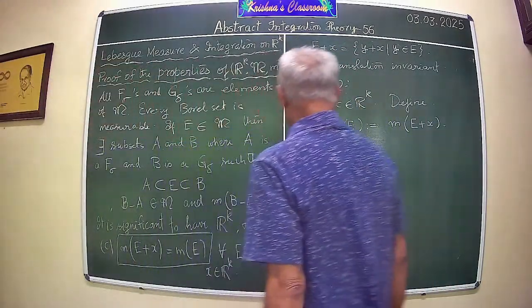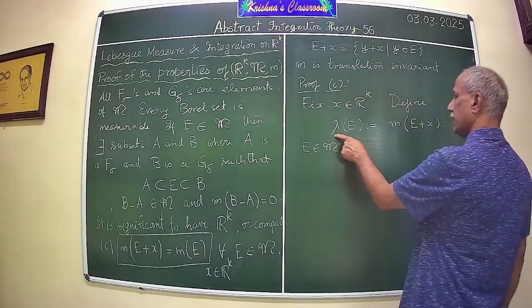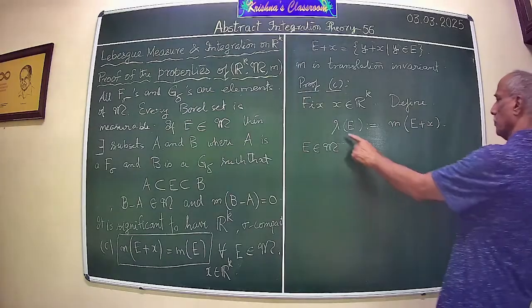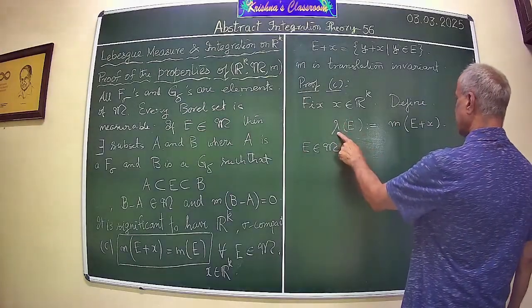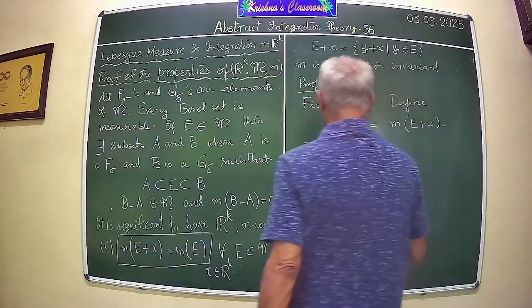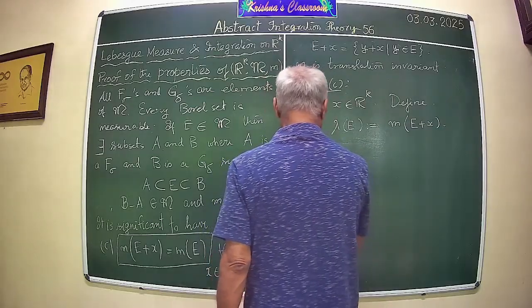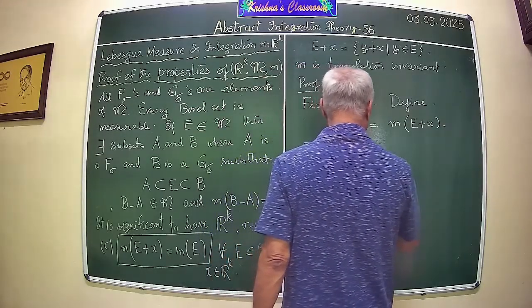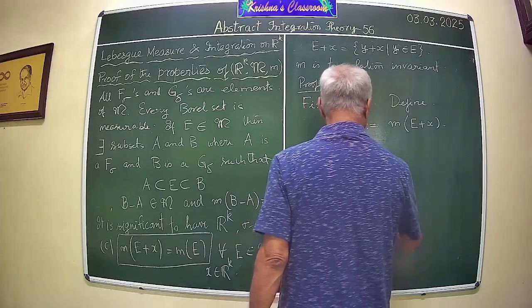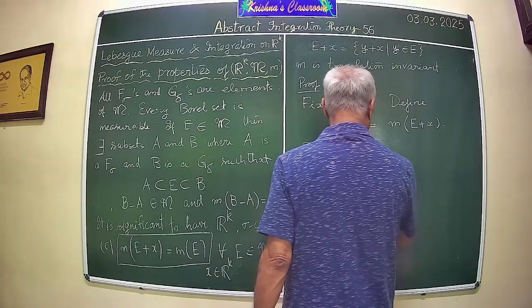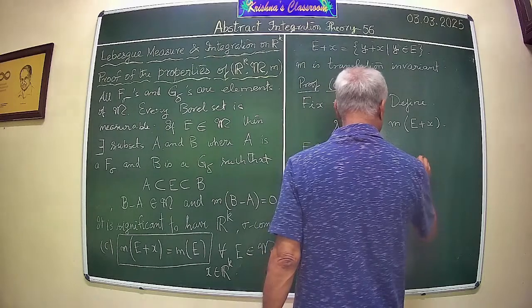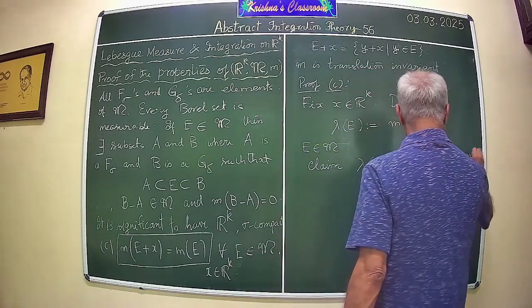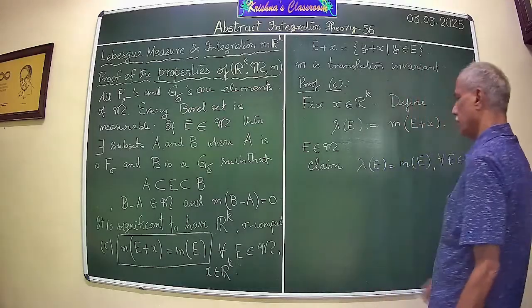And that you set as the new measure of E. Now what we want to prove is that lambda is equal to small m. This is what we want.